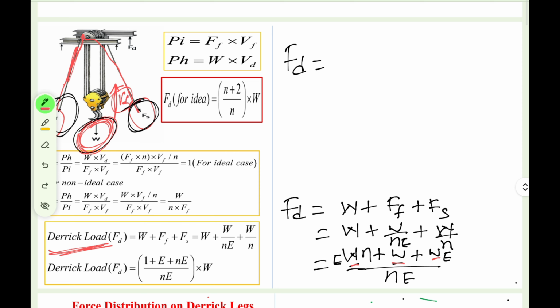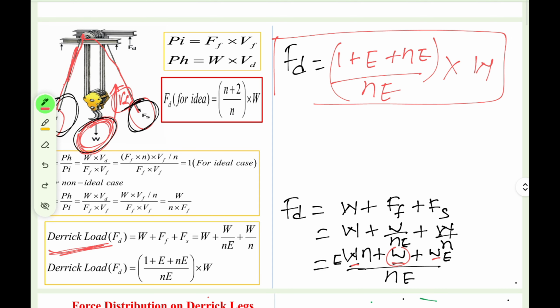What will remain? 1 will be there, E will be there, NE will be there, divided by NE, and this is multiplied with W. So this is called the Derrick load, right? In the upcoming class we are going to learn about the Derrick efficiency factor.